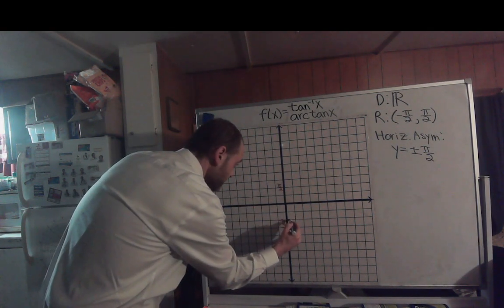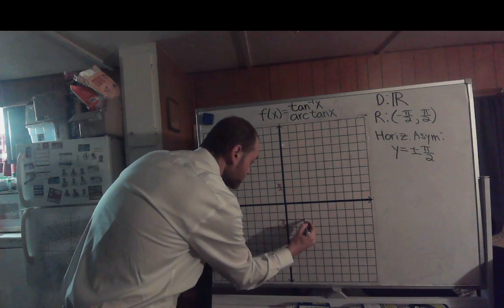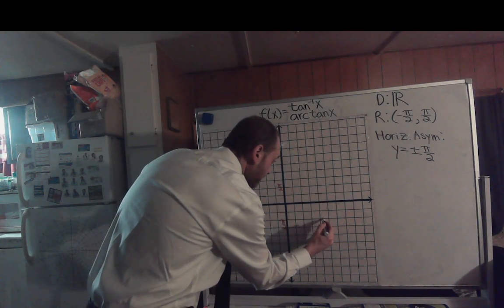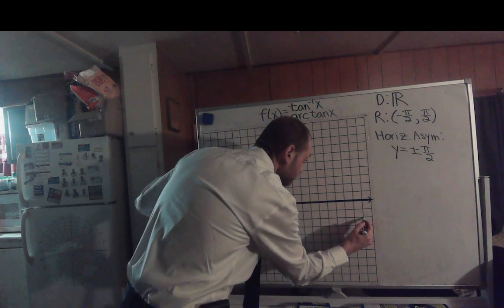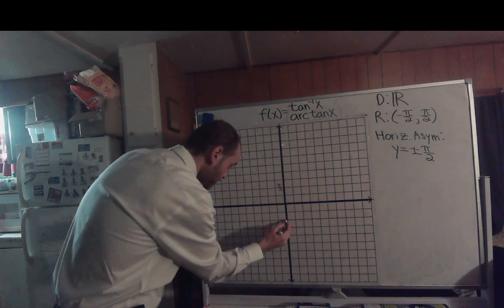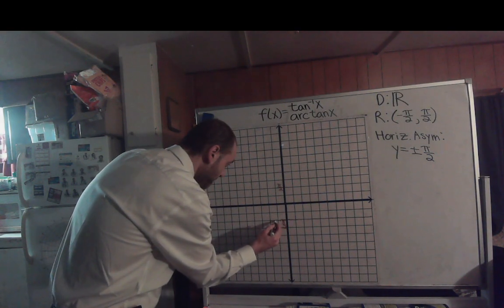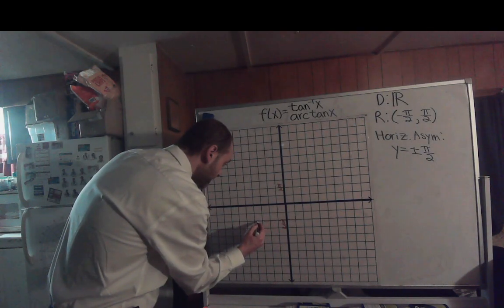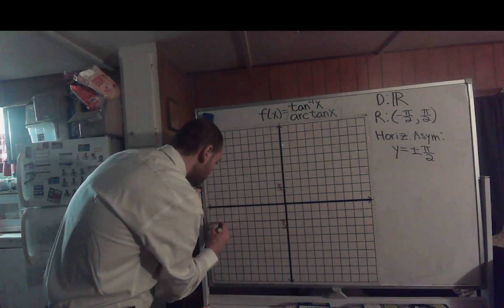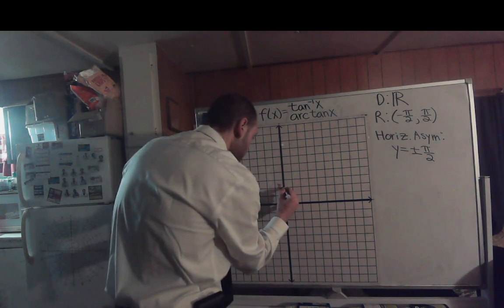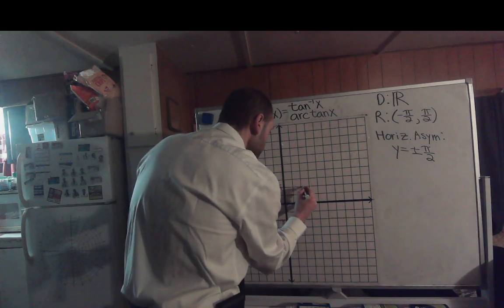So let's draw these horizontal asymptotes. Then we have another one at positive pi over 2.